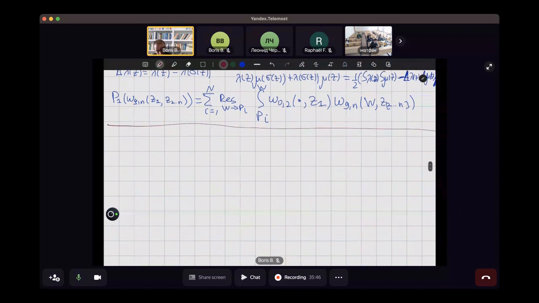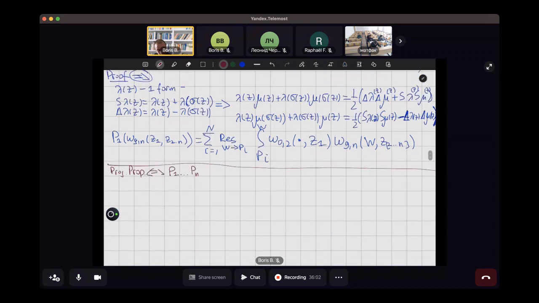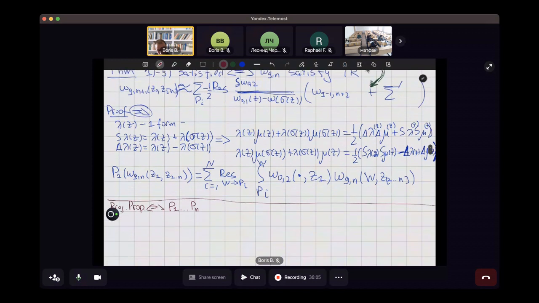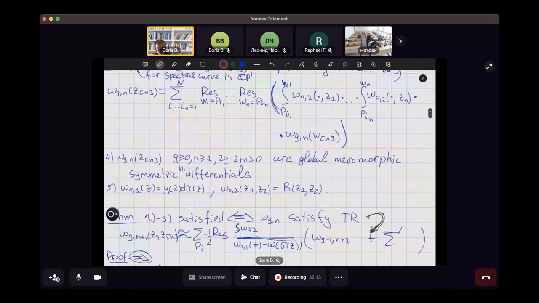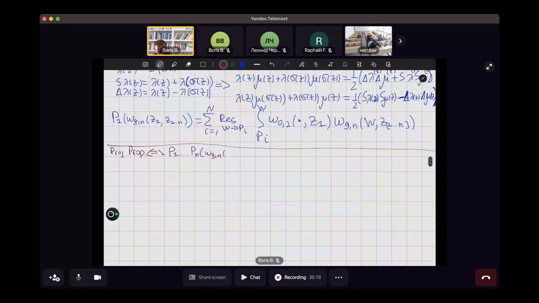Okay, let's look at this. We know that the projection property means that P1 etc. Pn of omega g,n of w equals omega g,n of z.